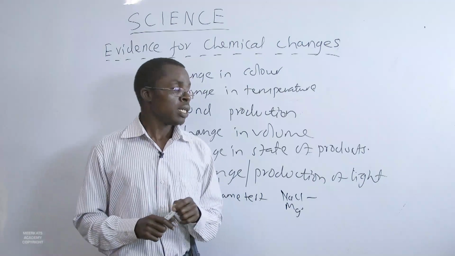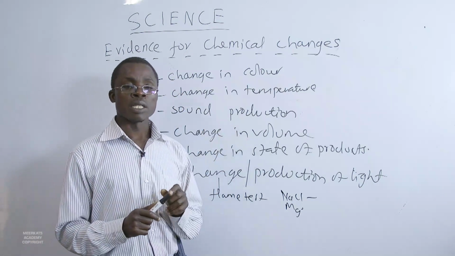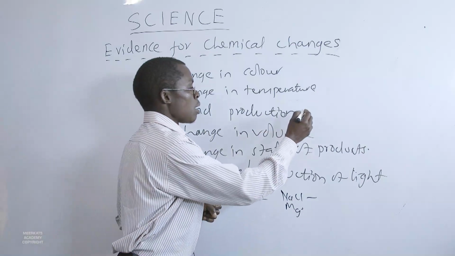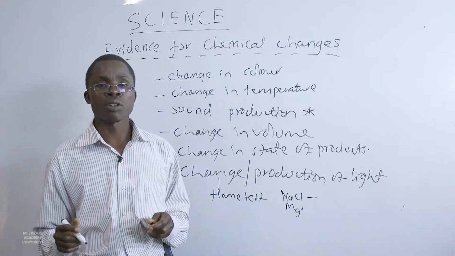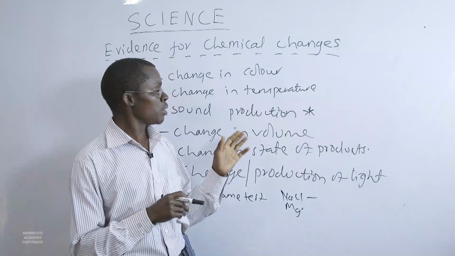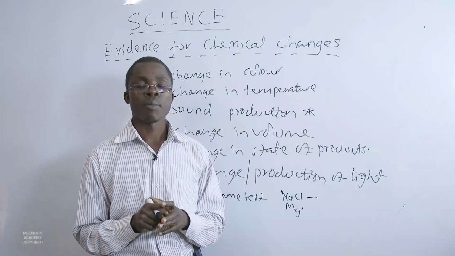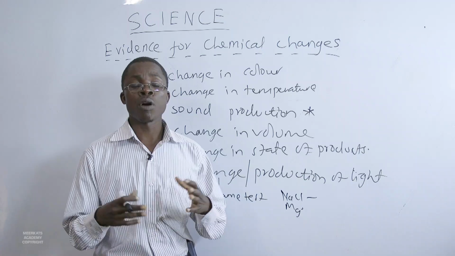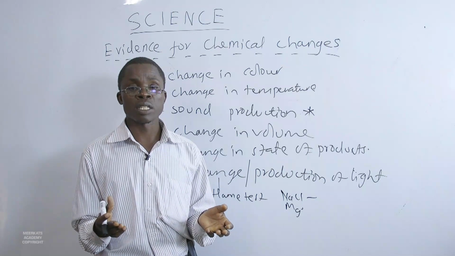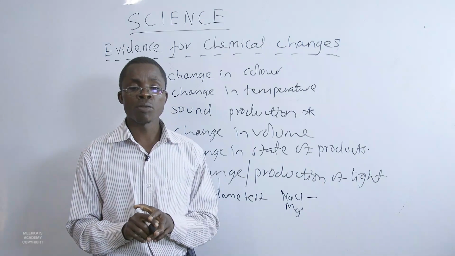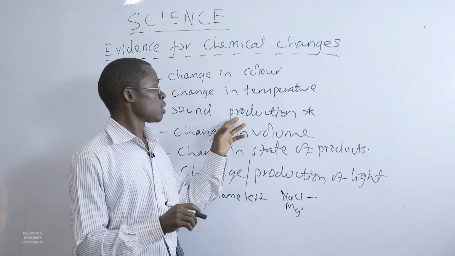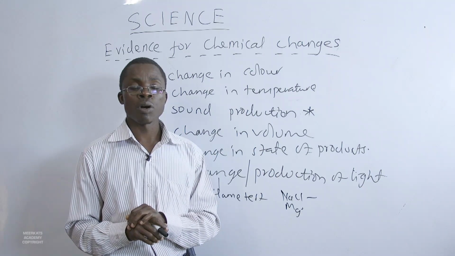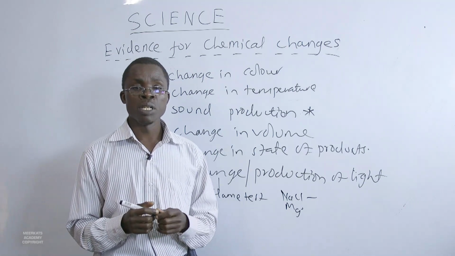A good example in such a state is production of sound. This is a point that you have to note, production of sound. You remember I mentioned a bomb. We have various reactions in the lab that can easily produce sound to confirm to you that surely a reaction has taken place. You have to be careful with such, because in producing that sound, it may cause breakage of apparatus and you may not be safe.